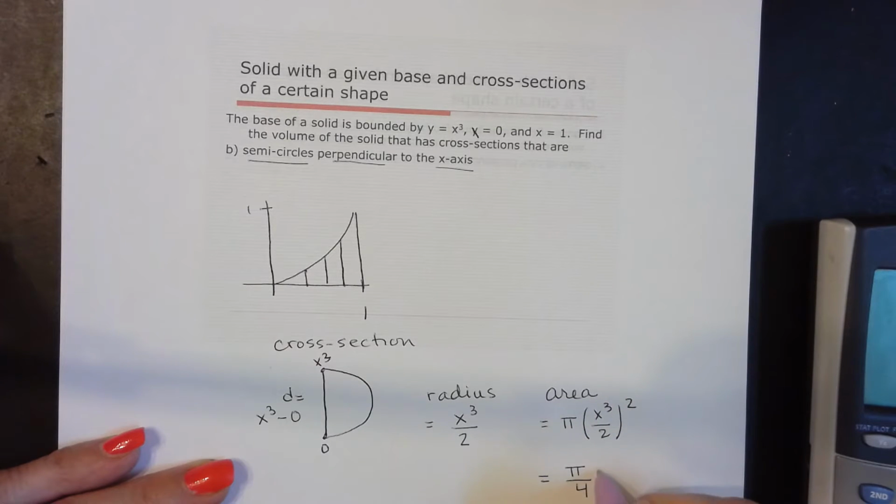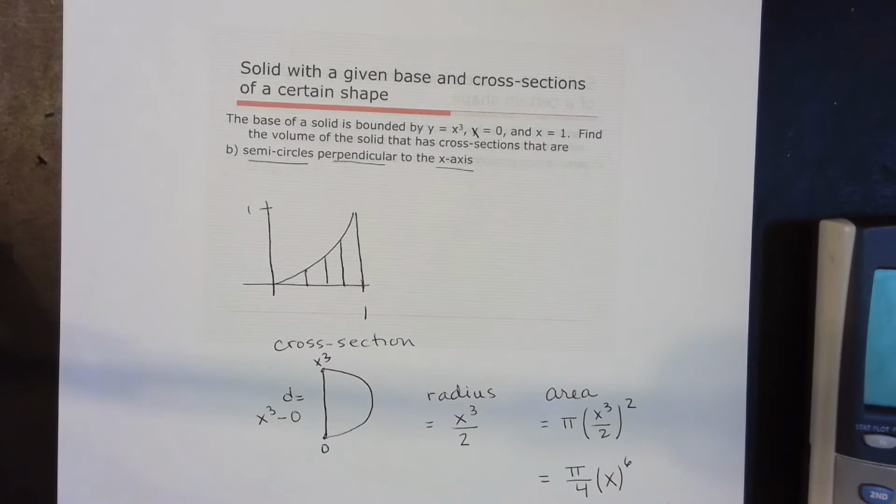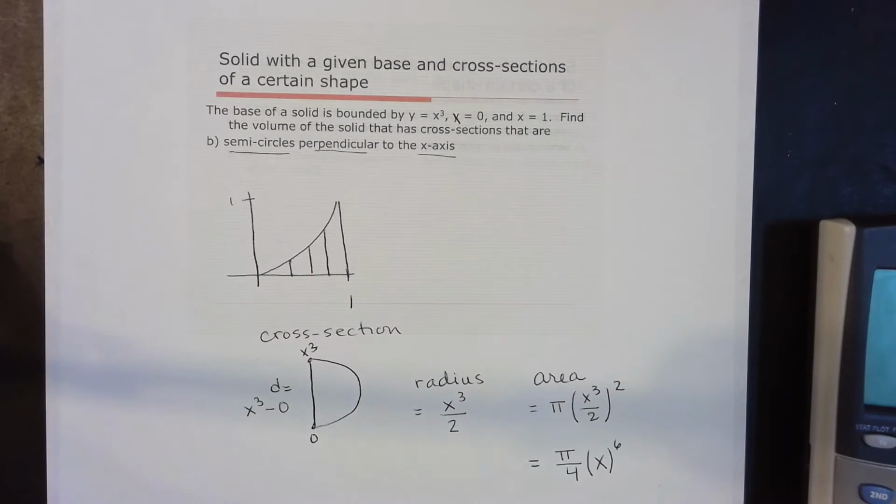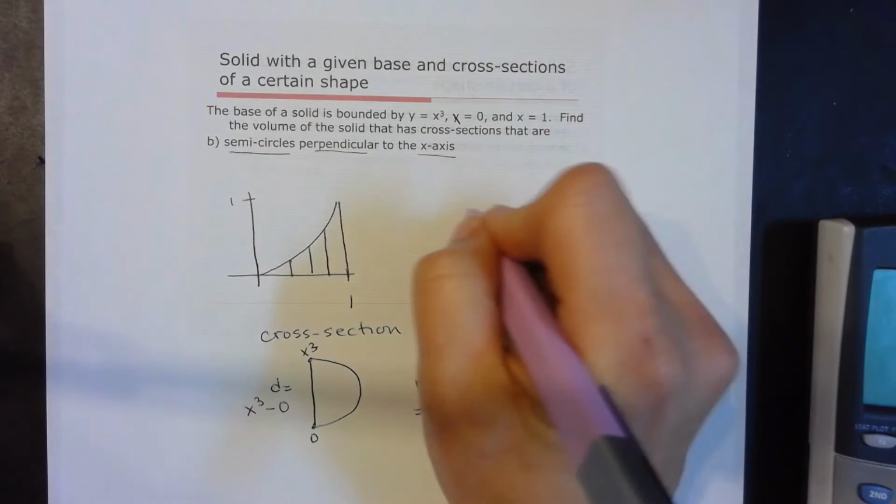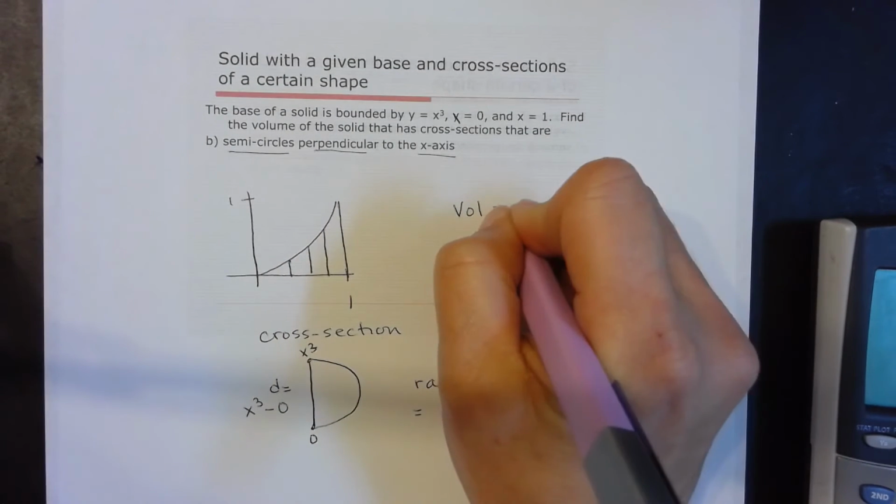Now here's one last thing to remember. These are not the entire circle. It's a semicircle, so that's going to be half of that. So instead of a fourth, it'll be an eighth. So my volume is now the integral of my area.